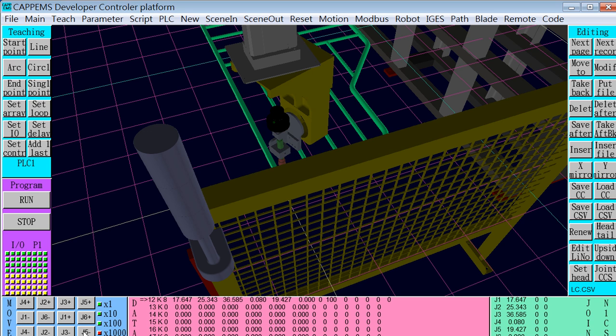J5 minus 1, 9.4. Okay, 0.027. Okay, then line.